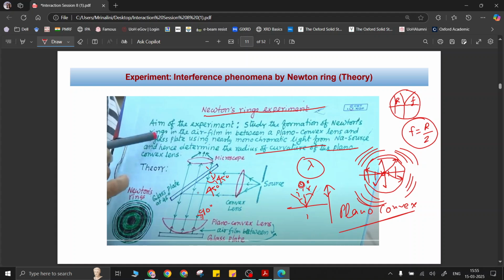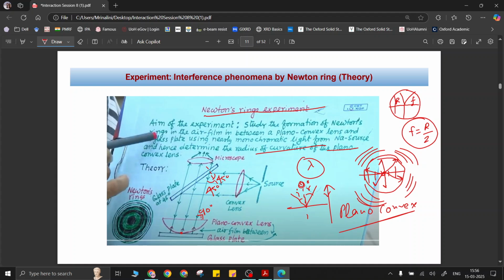So now the interference here is happening between the light that is coming, one part of which is getting reflected from this end. At the center the glass plate and this lens are joined, but if we move right or left from this center, then we'll see there is some gap. So this is a varying thickness kind of situation.